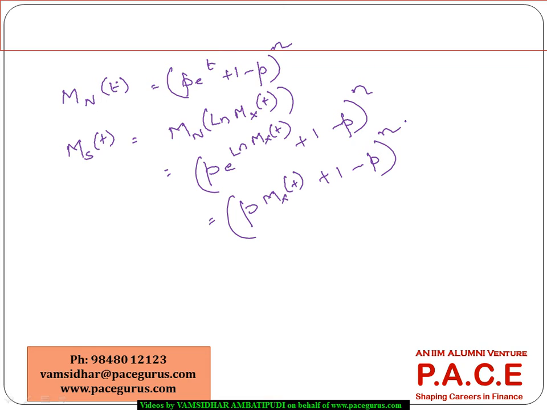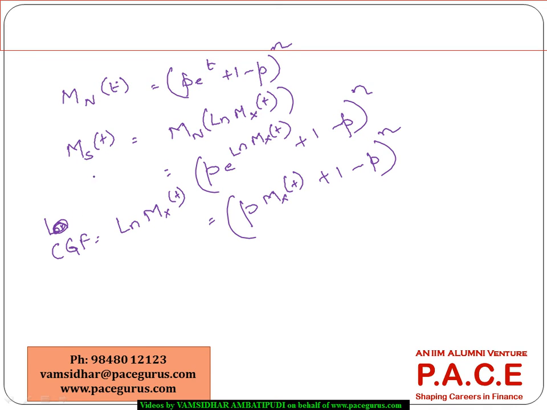Now the same logic: if I want to go for a third central moment, which is for the skewness, I could very well take log MS(t), right? I could form the cumulant generating function. The cumulant generating function for us is directly coming out as log MX of t.